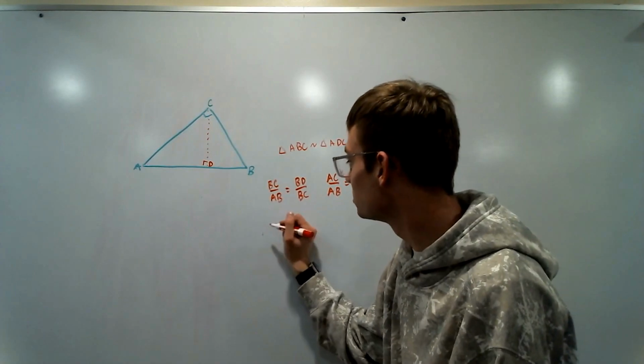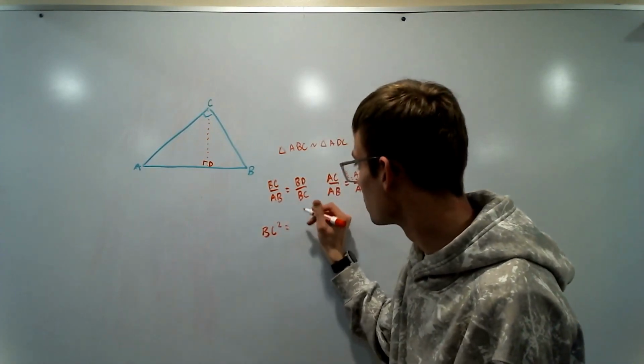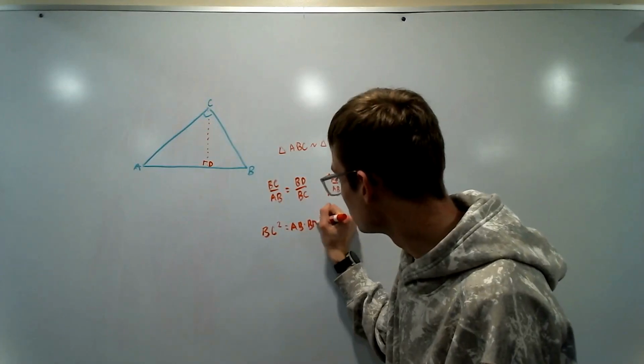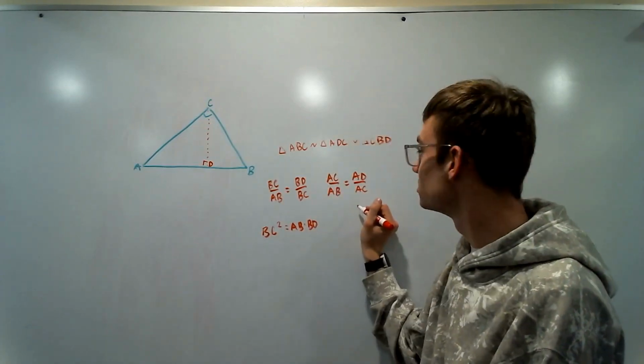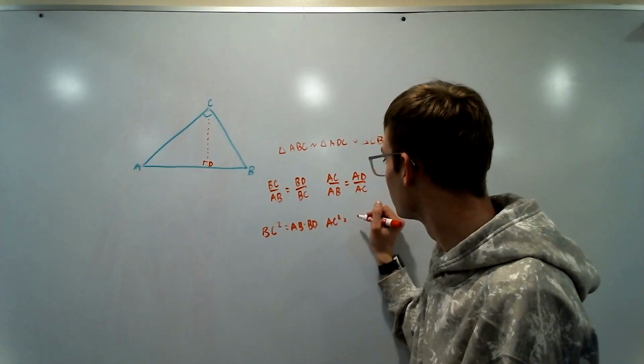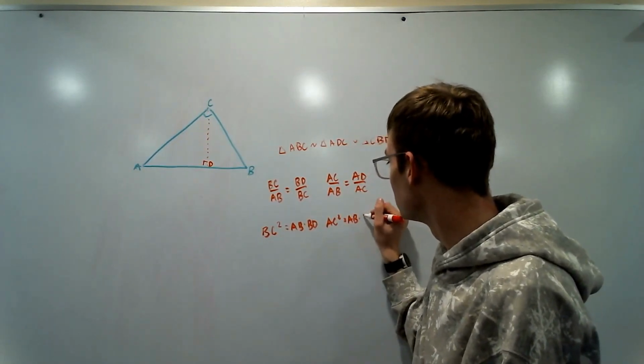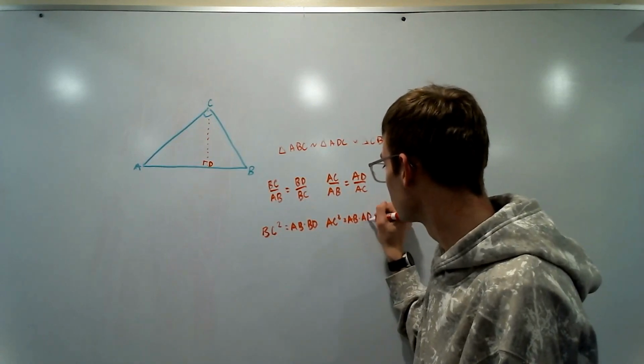So over here we have BC squared equals AB times BD. And over here we have AC squared equals AB times AD.